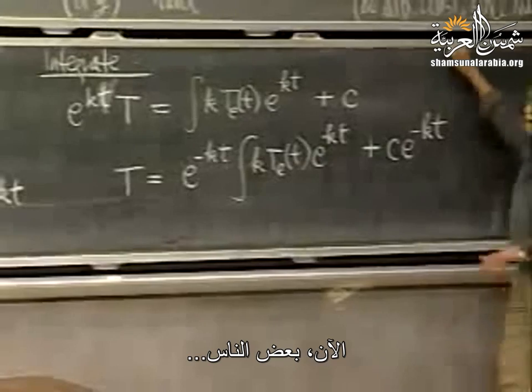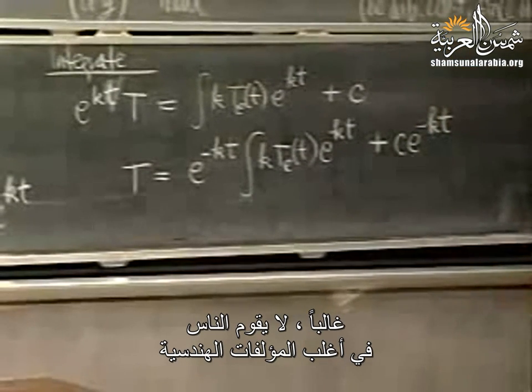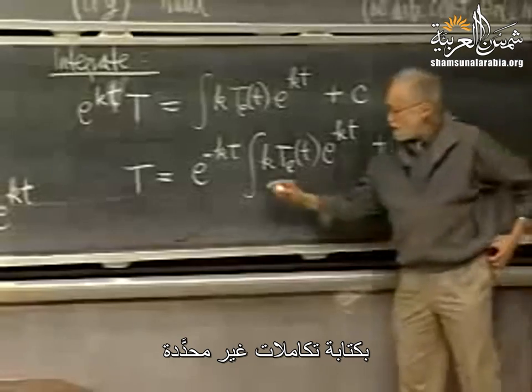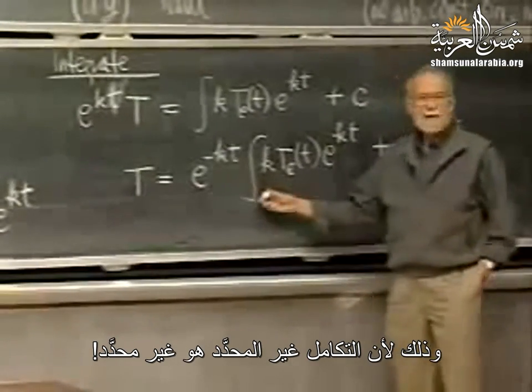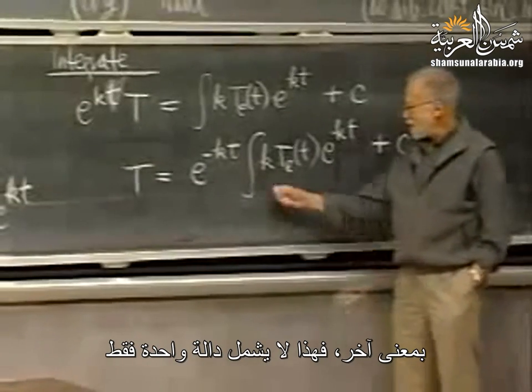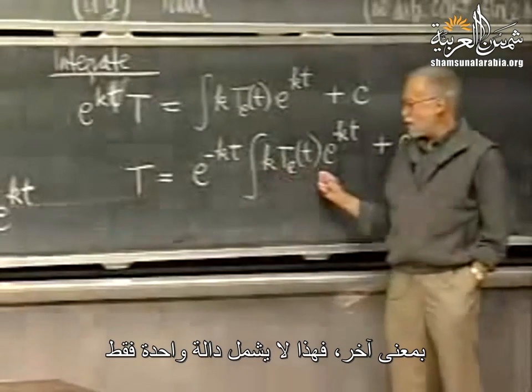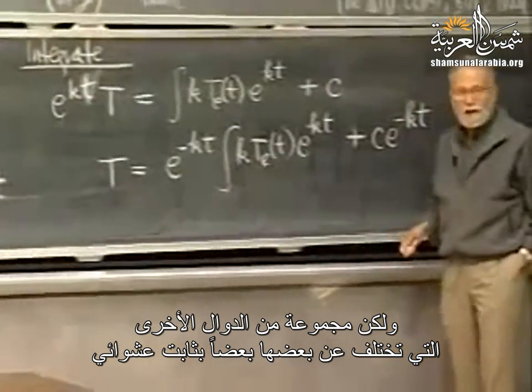Now, many people, almost always in the engineering literature, almost never write indefinite integrals, because an indefinite integral is indefinite. In other words, this covers not just one function, but a whole multitude of functions which differ from each other by an arbitrary constant.